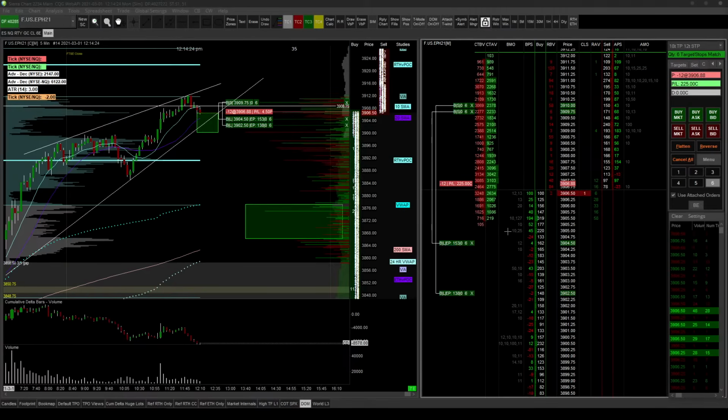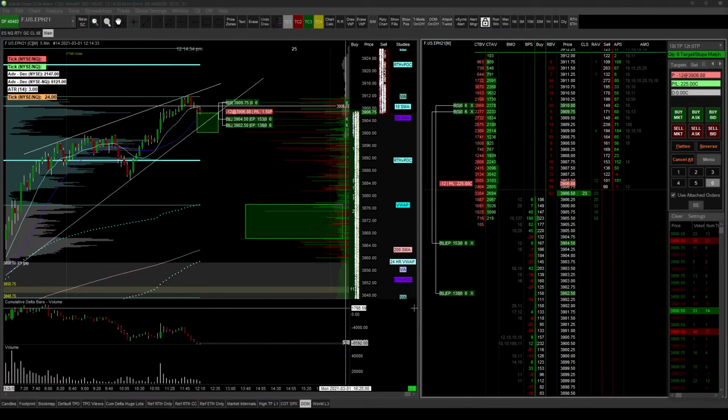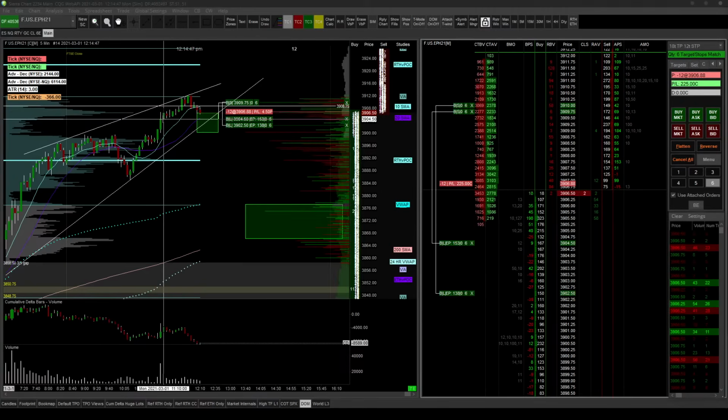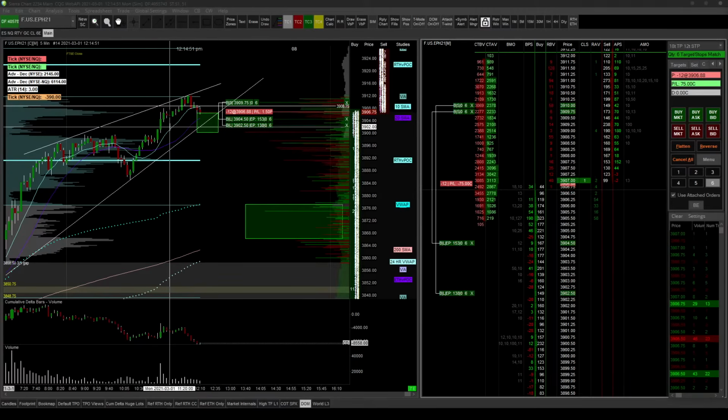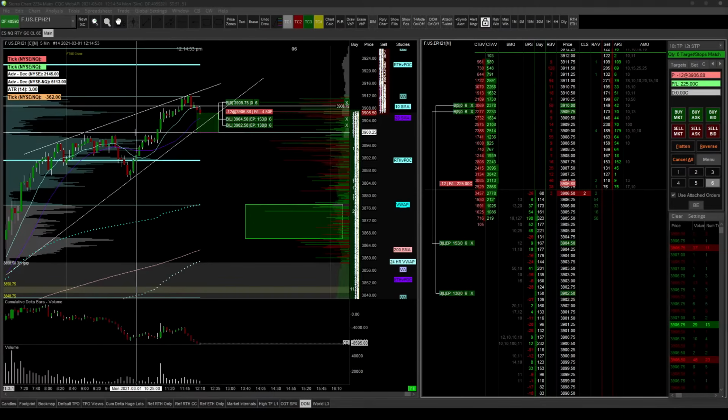Anyway, let's look in this area. Yeah, I like the stops here. It's like pretty tight risk. You've got 20, so this is previous structure here.